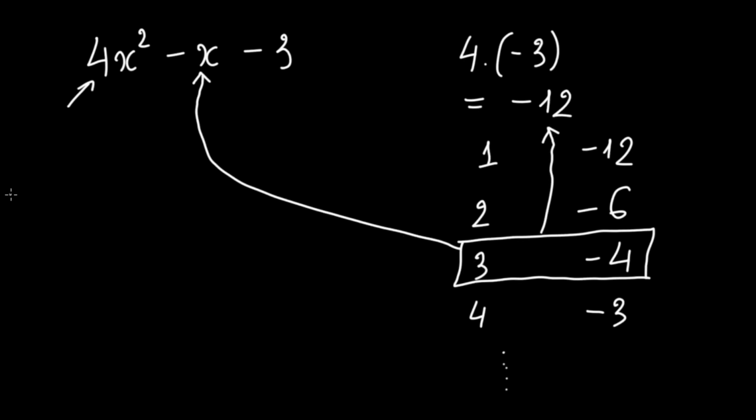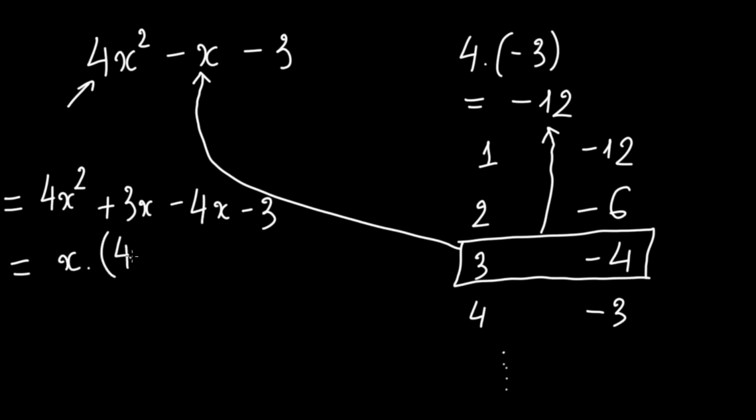What does it mean? So we rewrite the expression as 4x squared, negative 1x you put as 3x minus 4x, and negative 3 right here, we put it down, right? You see, we put x outside right here. We got 4x. X times 4x, you get 4x squared, right?